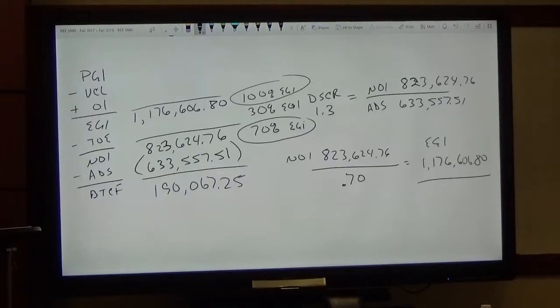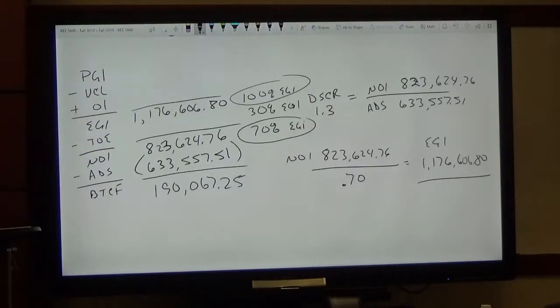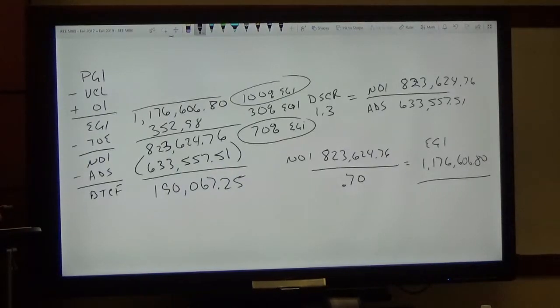That represents the EGI. So we don't even really solve for the total operating expenses, although we can by simply taking that minus 823,624.76. So our operating expenses are actually 352,982.04. Then we go back up here to the other income, vacancy and collection losses, and PGI.